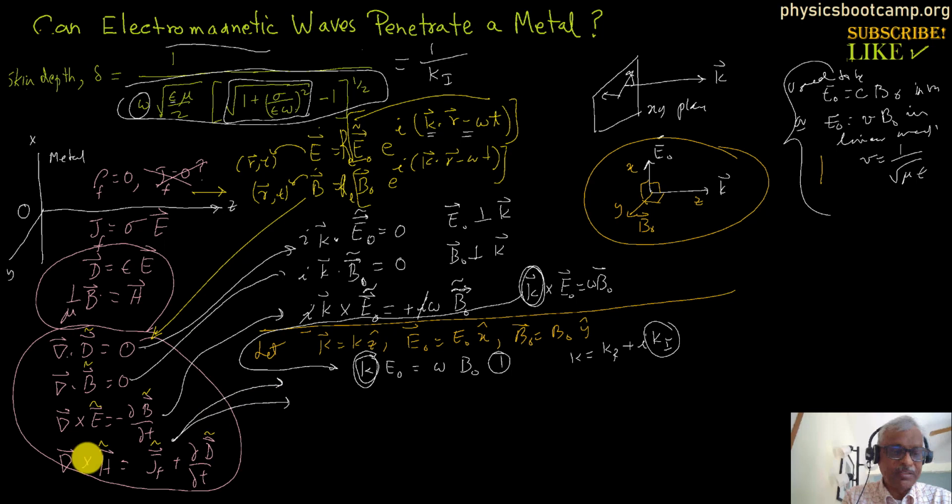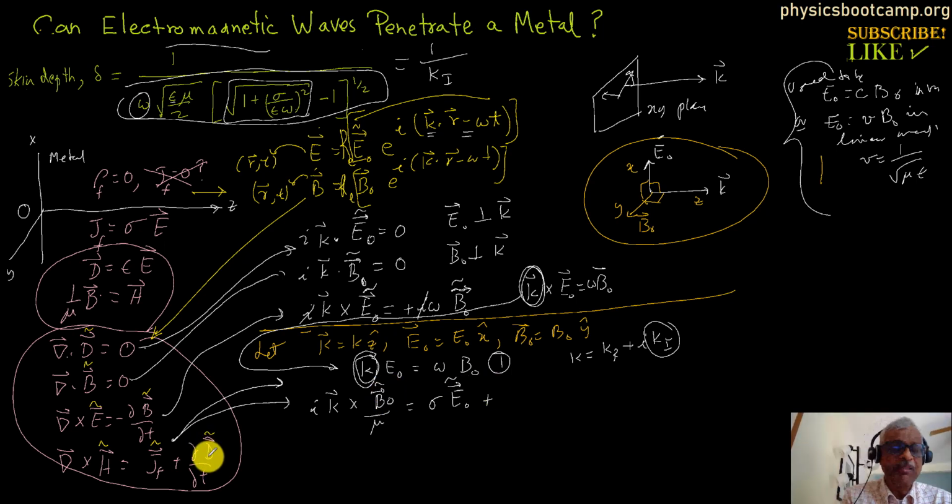Now I do this. So this is going to be i k cross H is going to be B over mu. Mu is the same everywhere, so del of mu is 0, so it's not going to impact that. And this one will be sigma times E, sigma E0 B0.